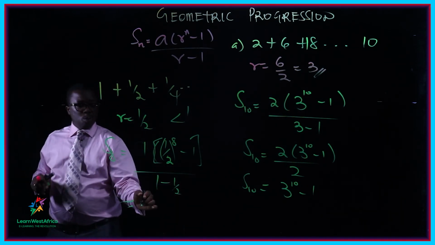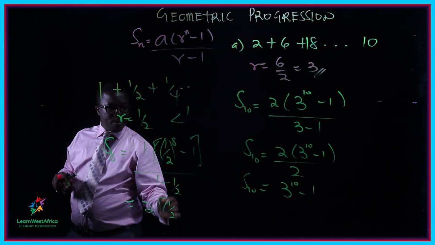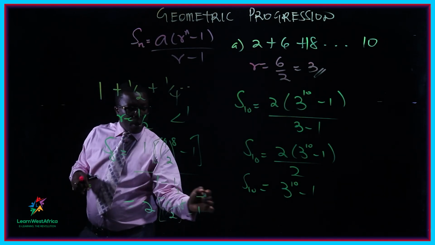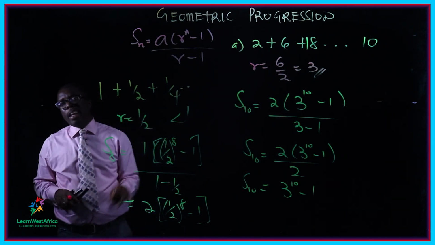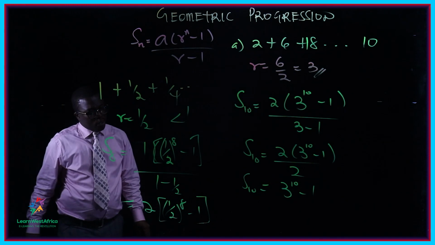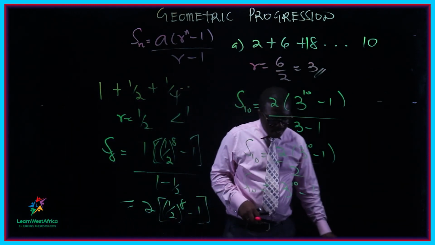So that should work out as 2 times 1 minus a half raised to the power 8. So that should work out to give you the sum of the 8 terms in your progression. When you're able to do that, I'm sure you should be able to work out and get the answer nicely there.